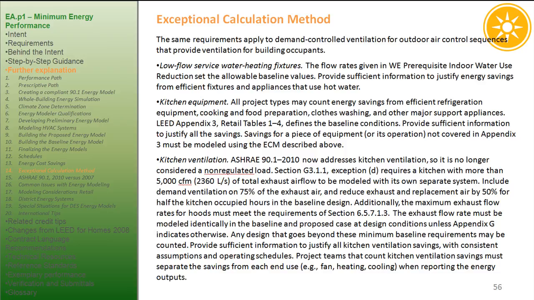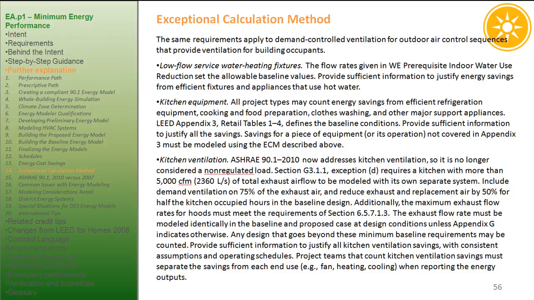Provide sufficient information to justify all the savings. Savings for a piece of equipment, or its operation, not covered in Appendix 3 must be modeled using the ECM described above. Kitchen ventilation. ASHRAE 90.1/2010 now addresses kitchen ventilation, so it is no longer considered an unregulated load.